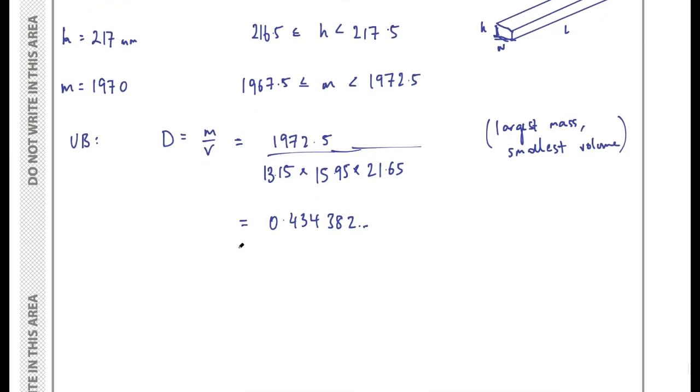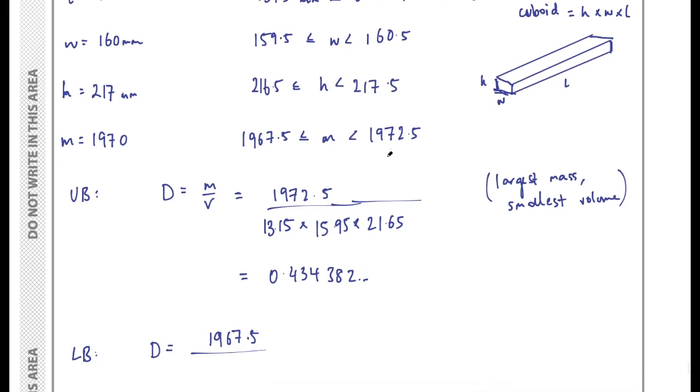Okay, now I want the lower bound of the density. This is going to be the smallest mass, the lower bound of the mass, divided by the upper bound of the volume. So taking all of the upper bounds and multiplying those together.